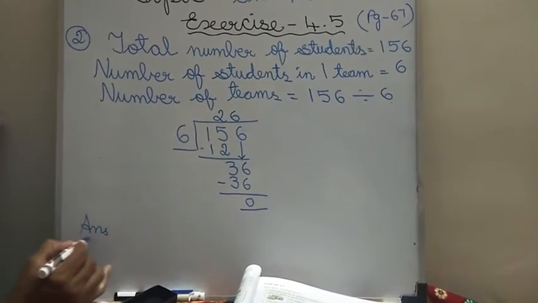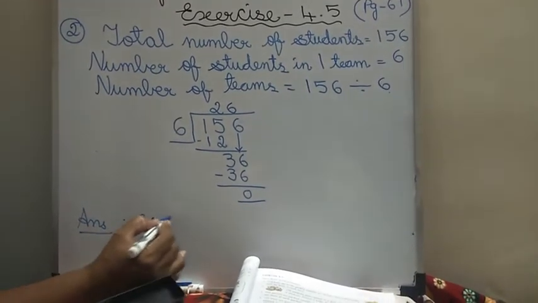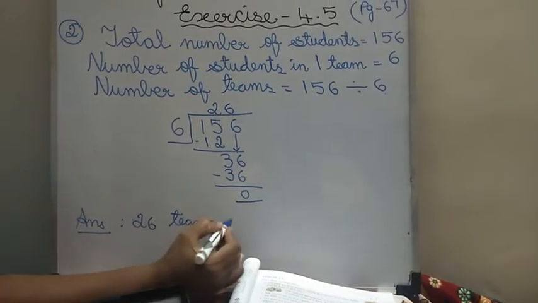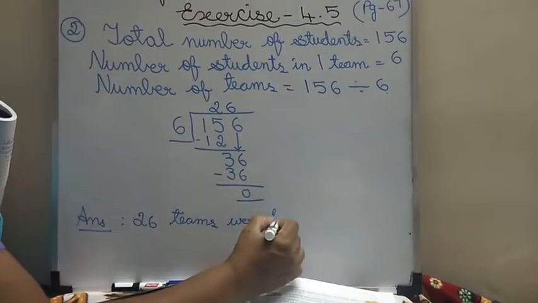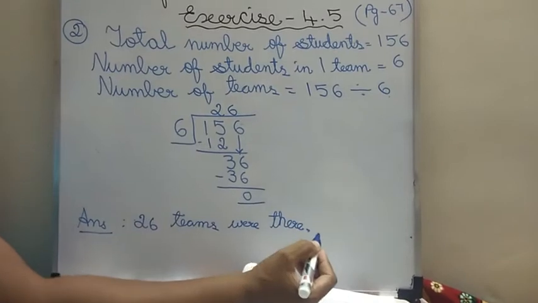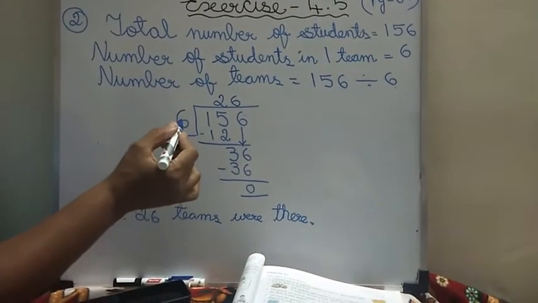The answer is 26 teams. Understood, children? These are single digits, so you can divide easily.